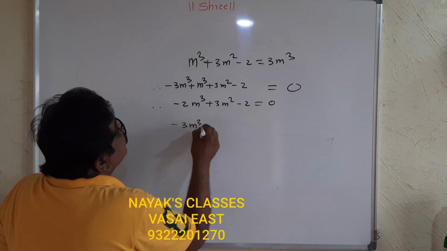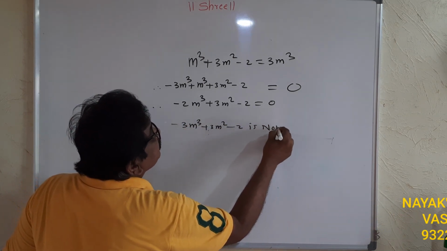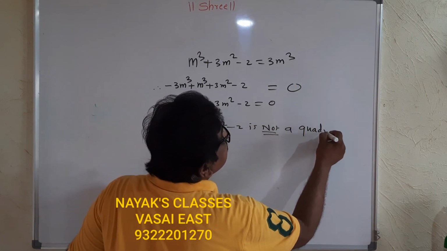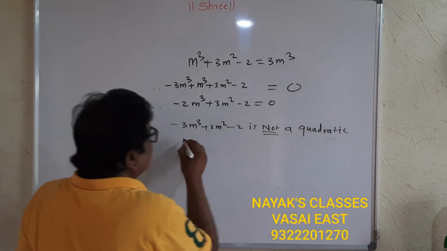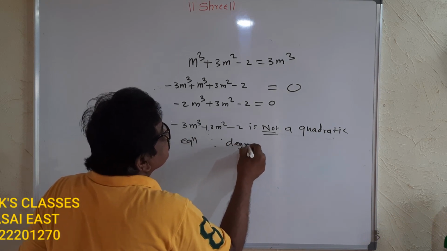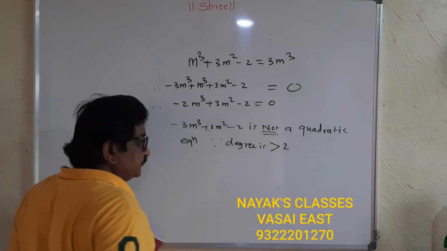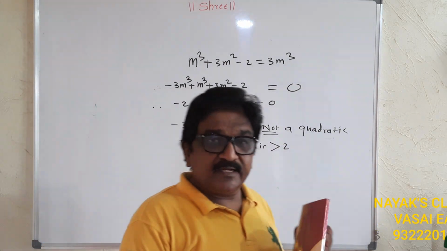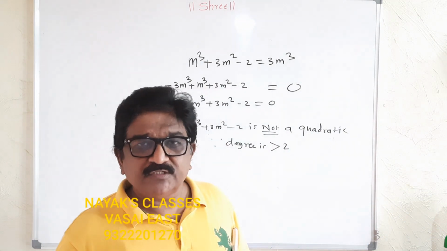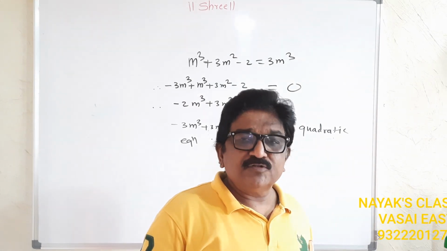Minus 3m cube plus 3m square minus 2 is not a quadratic equation, since degree is greater than 2. Very simple. If you use logic, you will get full marks in these examples, and definitely you will score.